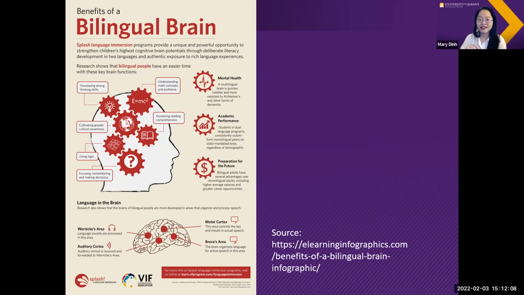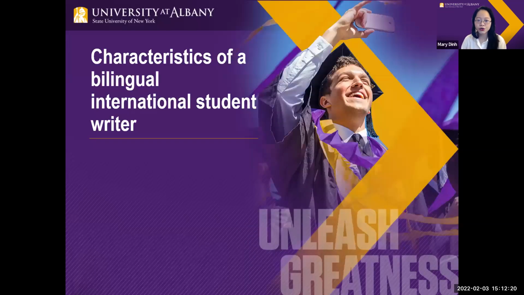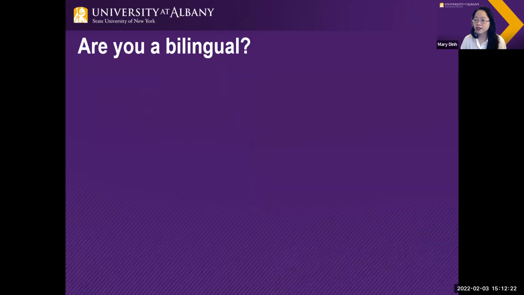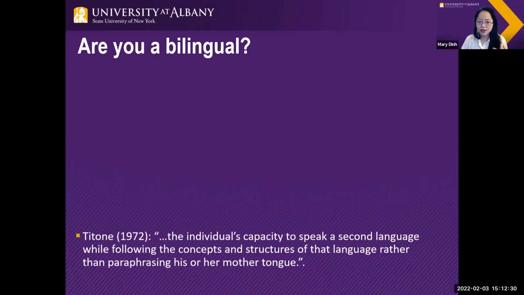It means that it's good for us to have access to reading materials or cultures that are different from our country and our language as well. However, when it comes to the definition, are you a bilingual? A lot of people still shy away or are hesitant to admit their abilities.